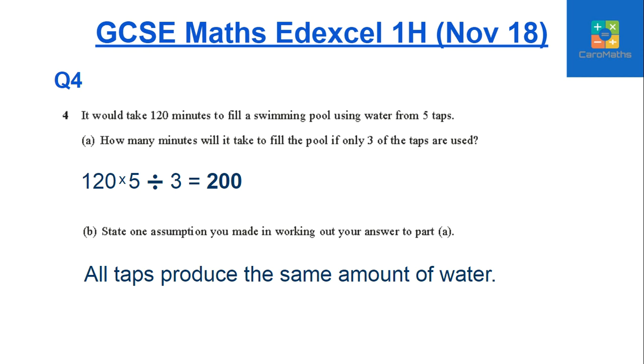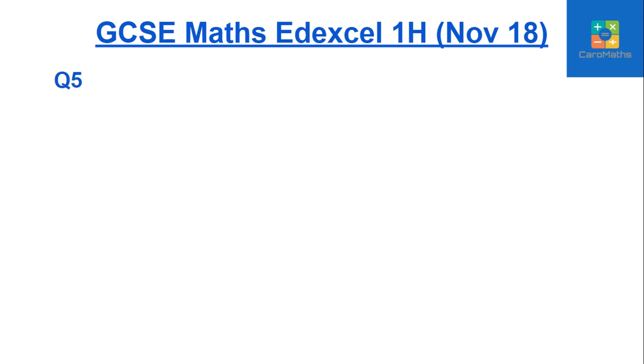So you could have also said taps are running at the same speed, the taps will fill the pool with the same volume of water, the amount of water is the same in the same time, each tap is doing 1/5 of the filling, all taps take equal time to fill the pool, and that the water flow stays at the same rate over the whole time. And most students were able to answer this correctly.